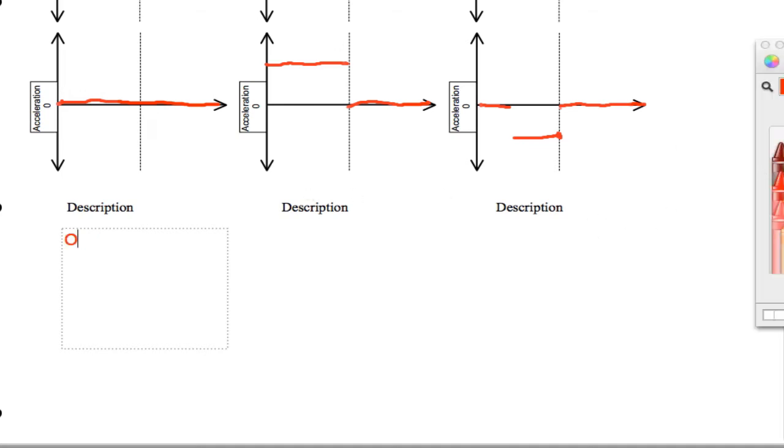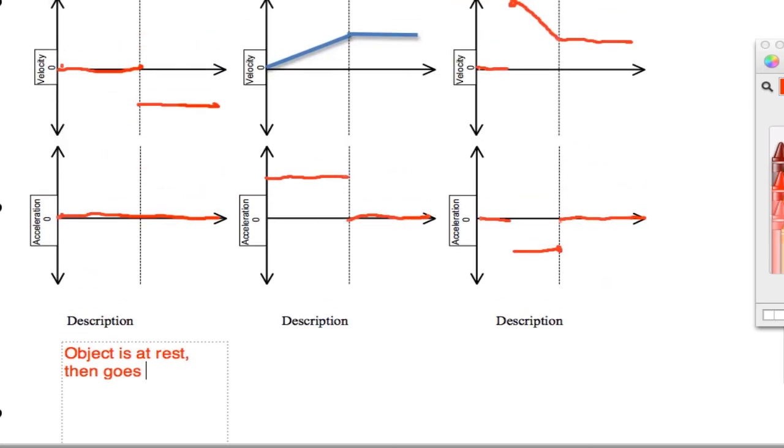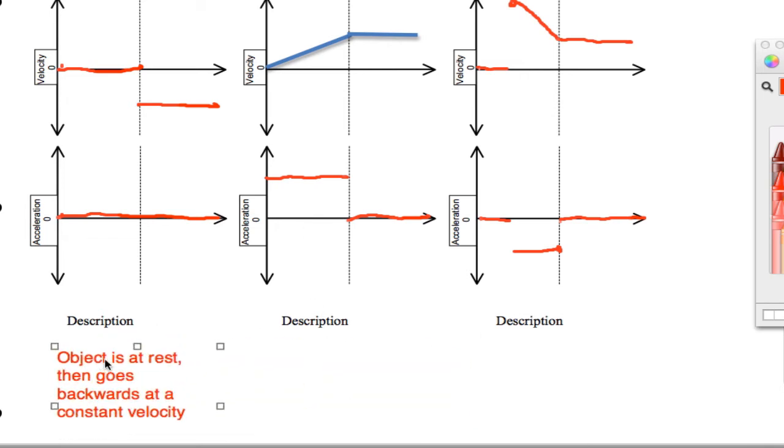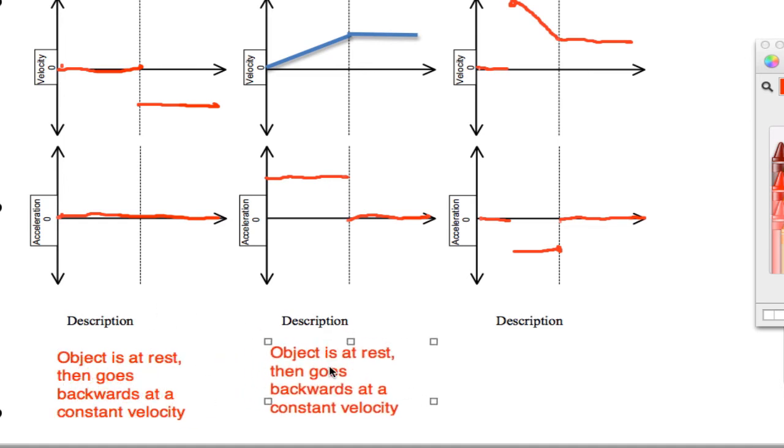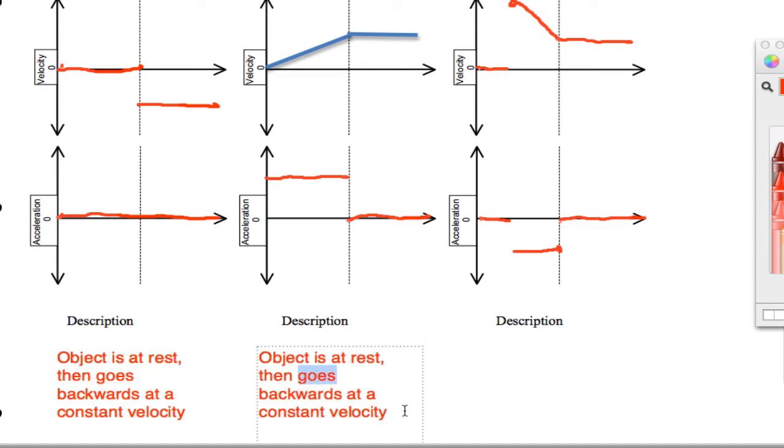Basically, we have the object is at rest, then goes backwards at a constant velocity. For the second one, we will have the object speeds up going forwards and then continues forward at constant velocity.